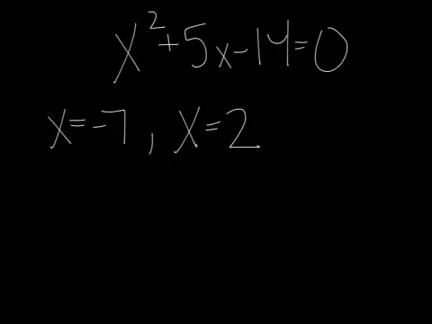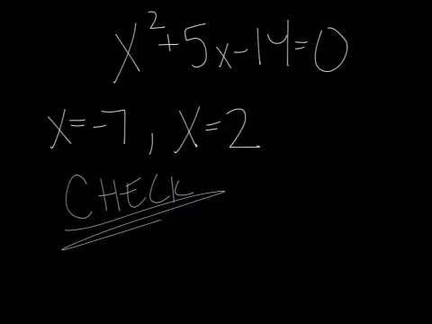Now that we have the values that will satisfy this equation to equal 0, we must check our work. I'm going to start with negative 7. So I'm going to plug in negative 7 for each x value in our quadratic equation.